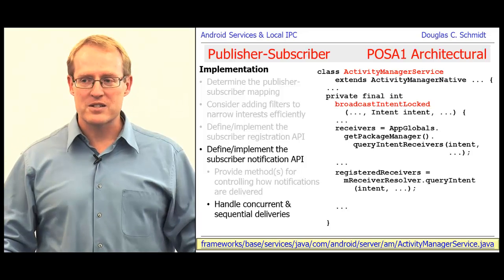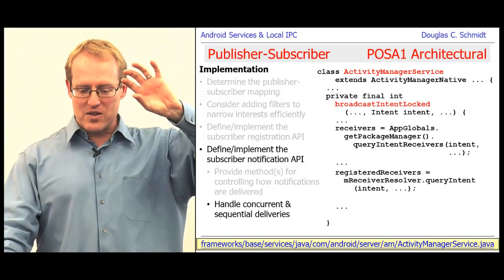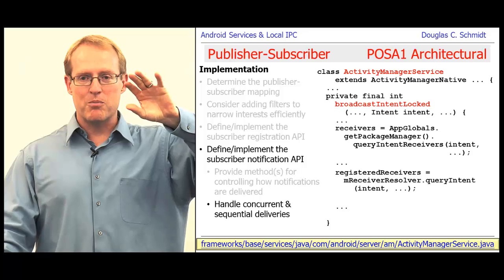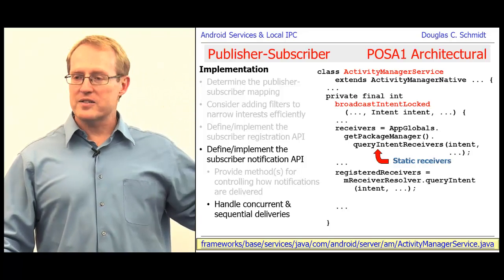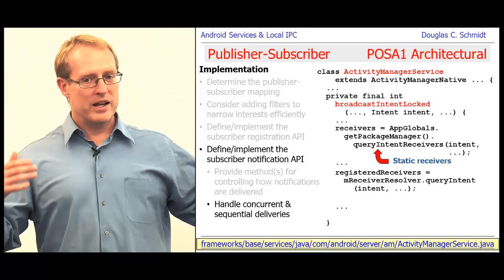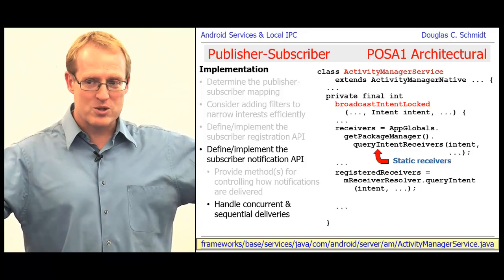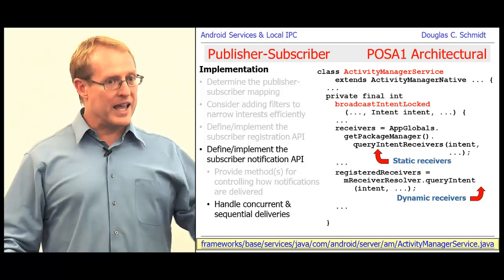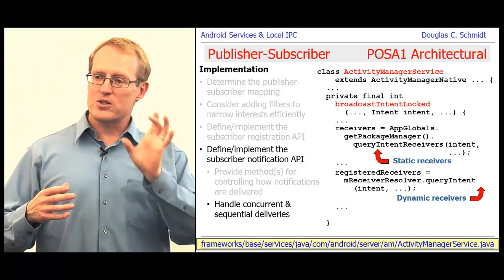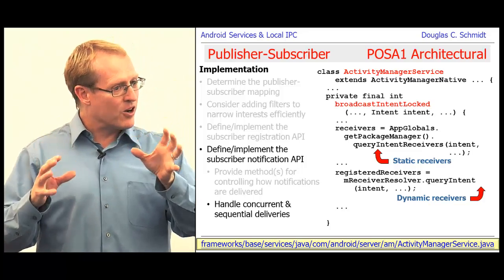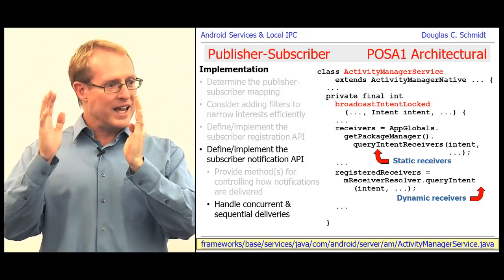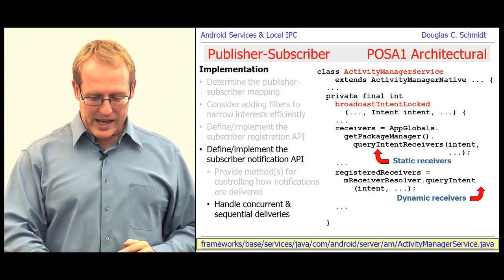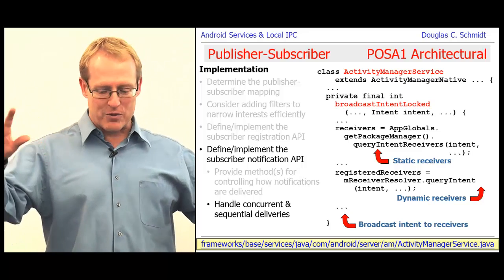But basically, it takes the intent that's being broadcast and looks up whether that intent has been registered for in Android manifest files, those are the static receivers, and/or registered via calls to register receiver, which is a dynamic call. And it builds up a set of receivers that are going to handle these requests.